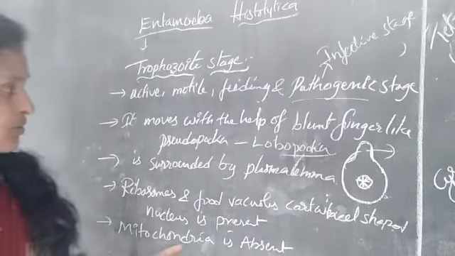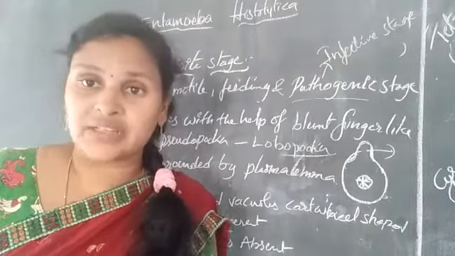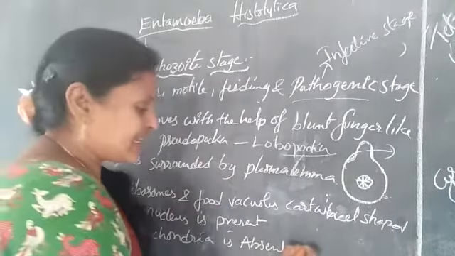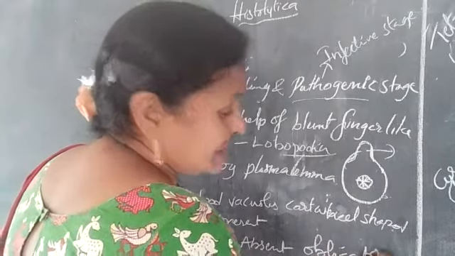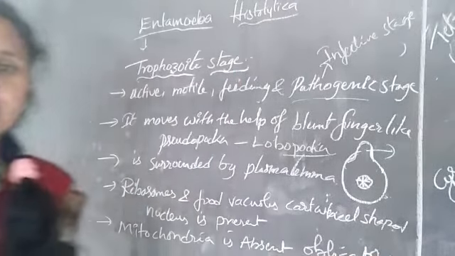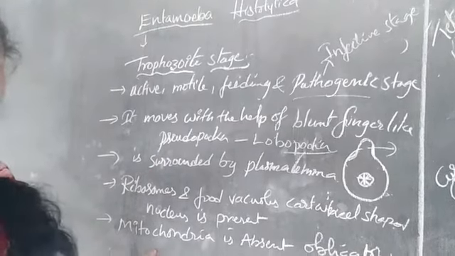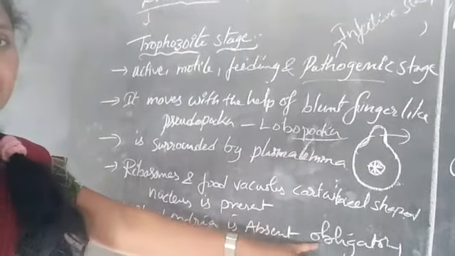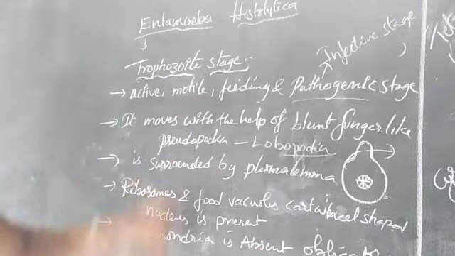In the trophozoite stage, the mitochondria are absent, so it acts as an obligatory anaerobe. So that is the trophozoite stage of Entamoeba histolytica.